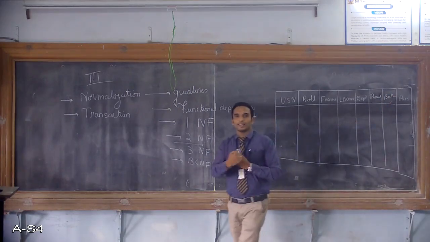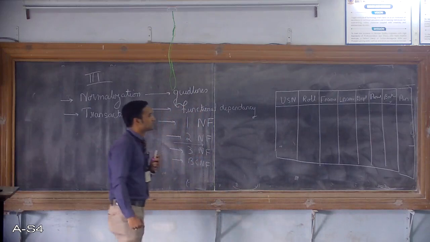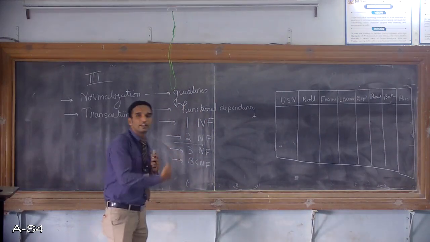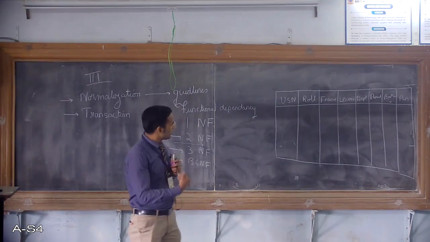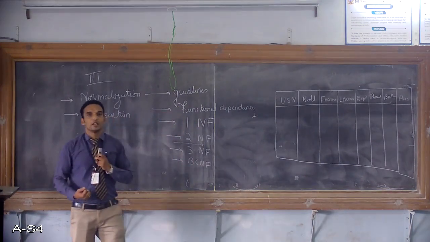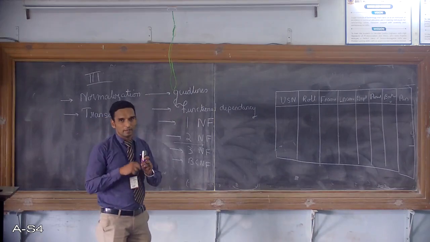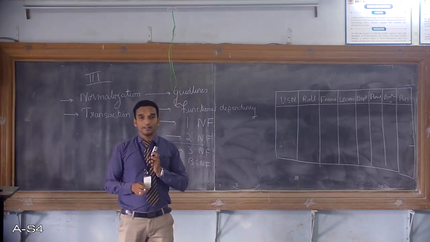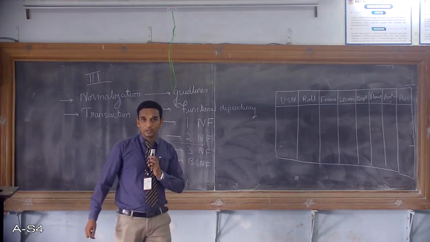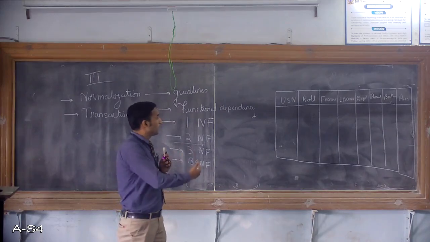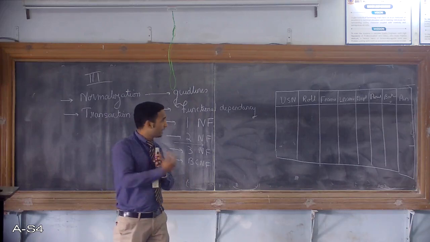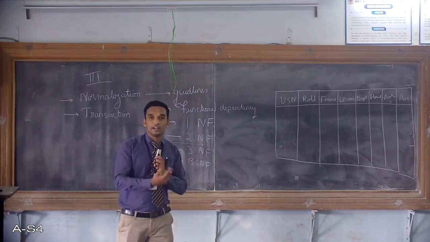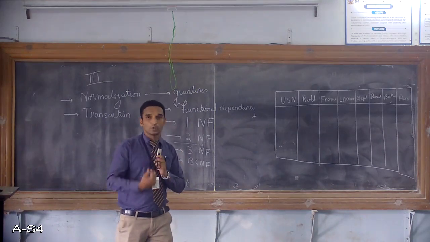So if a table like this has so many fields, assume the table has 10, 15 attributes in it. So when we are populating the table, that is, when we are inserting the values in the table, it may so happen that we may come across duplicate values. We may come across some attributes where we don't have values. We may come across some attributes which are redundant, which are unknown and all.